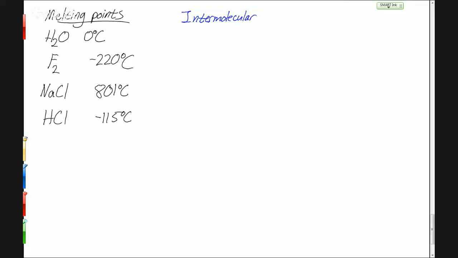They're called intermolecular forces, which we can think of as attractions between molecules.